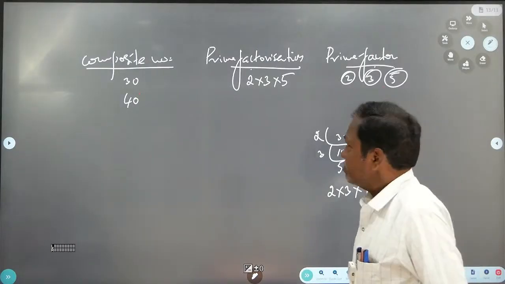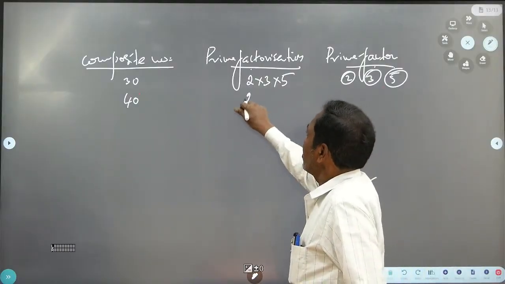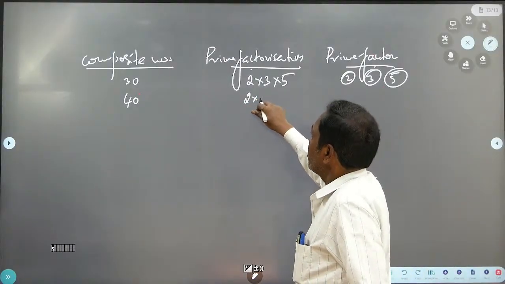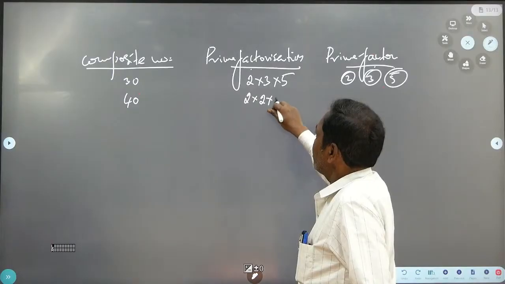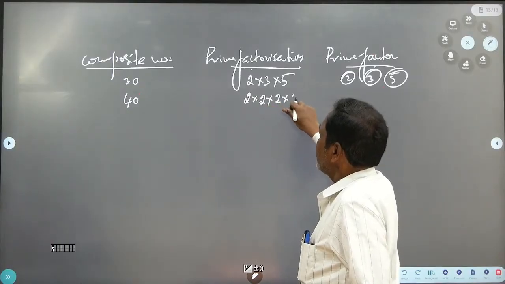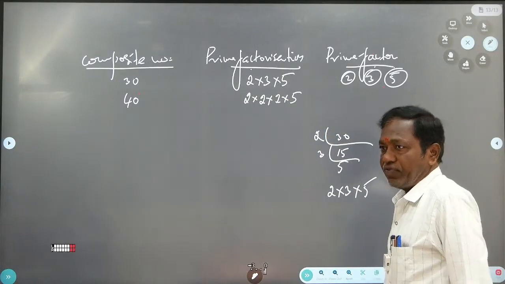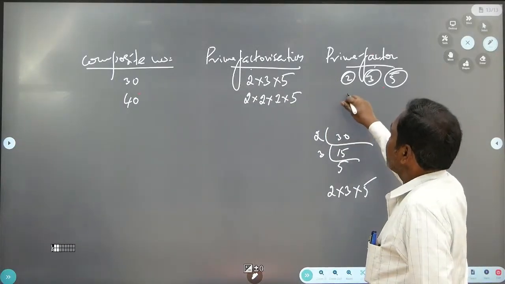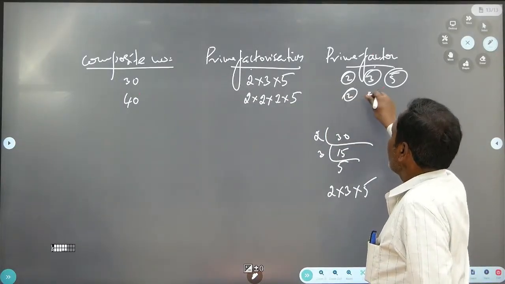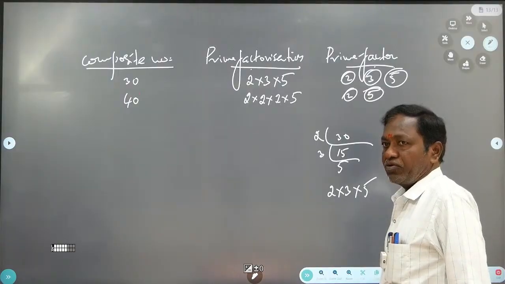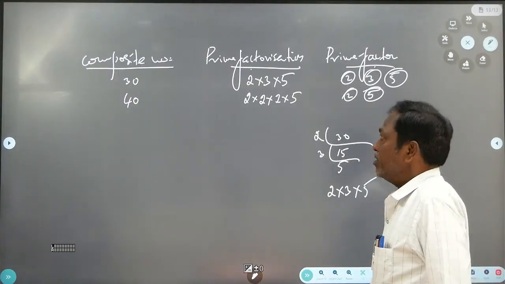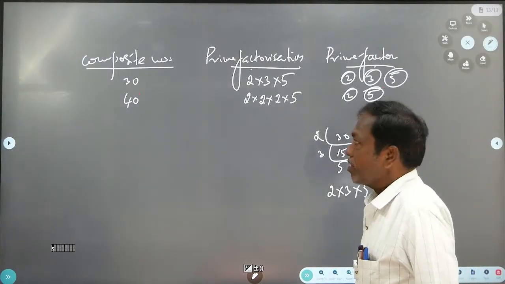What is it for 40? 2 into 2 into 2, 8 into 5. So, 2 cube into 5. Now, what are the prime factors here? 2 and 5. There are only 2 prime factors. Right, that is the thing.